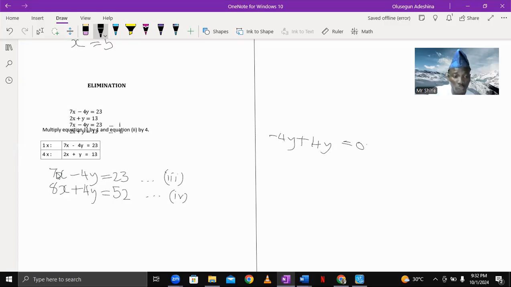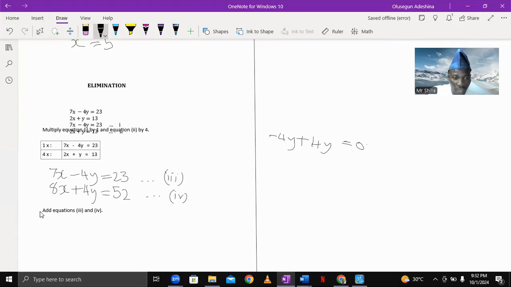So what we are going to be doing next is adding both equations. Add equations 3 and 4. So that's it. Let's go ahead with the addition.